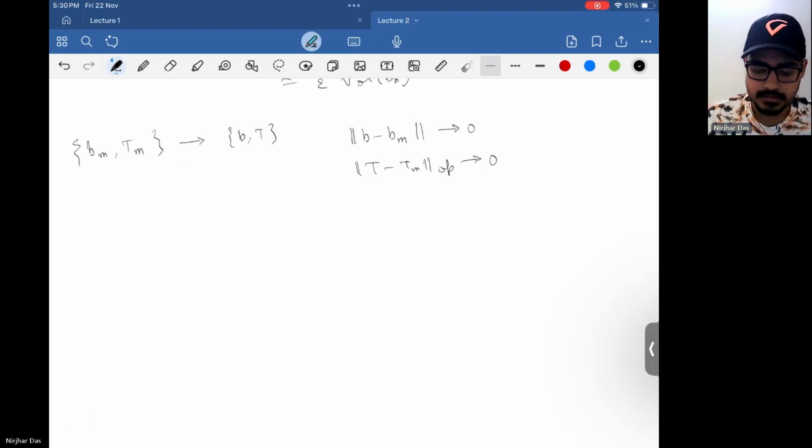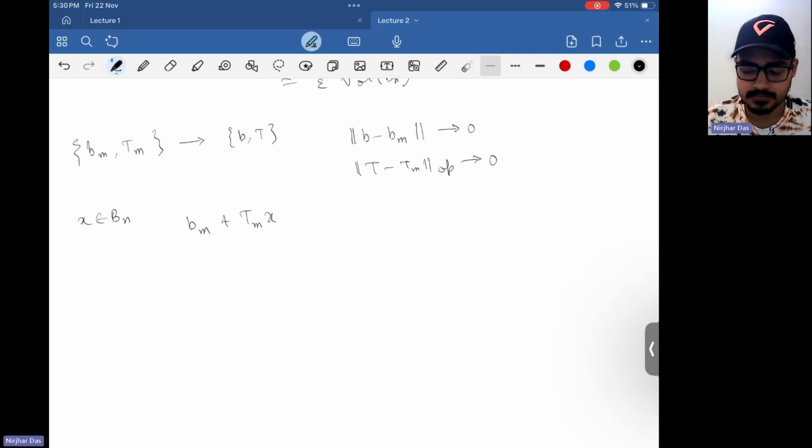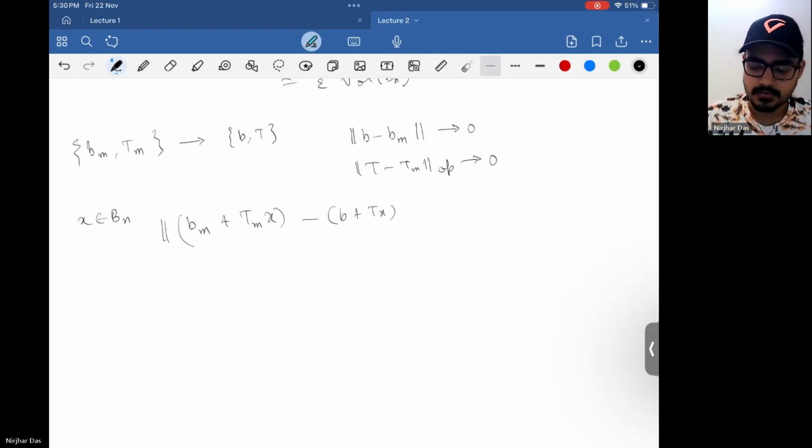So let's look at a point x that belongs to the ball. What happens to Bm plus Tm of x minus B plus T of x? Let's look at the norm of this.